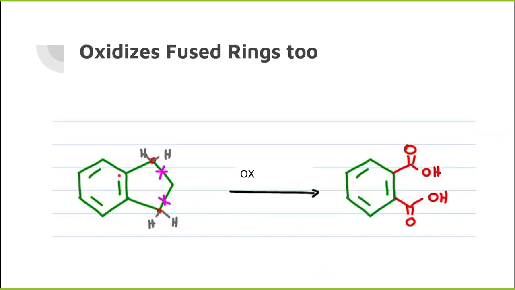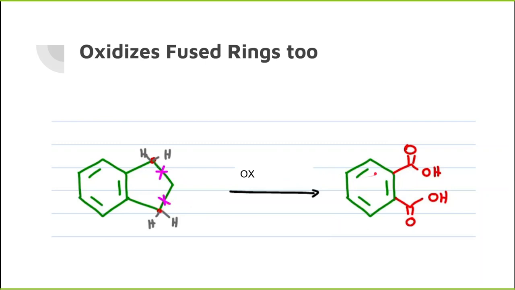This can happen with fused rings as well. So here we have a benzene ring, and then it's got a cyclopentane fused onto it. And again, you've got a carbon here and a carbon here that's got hydrogens. So it will break off this R. In this case, the R just happens to be the rest of the ring.